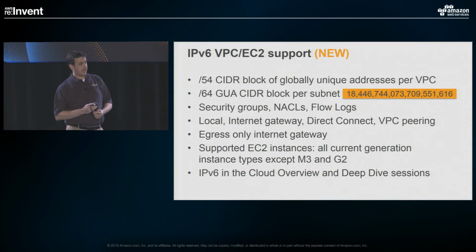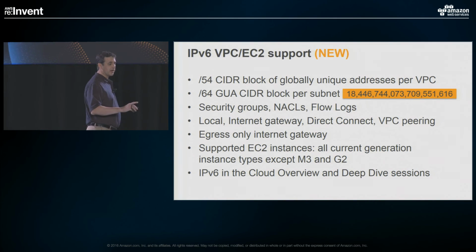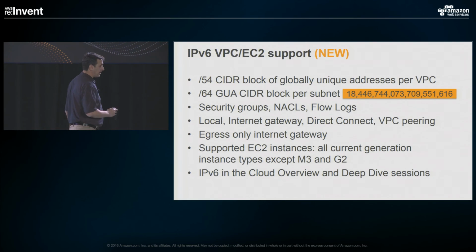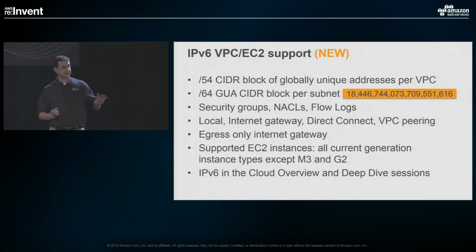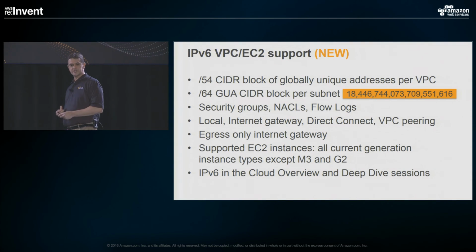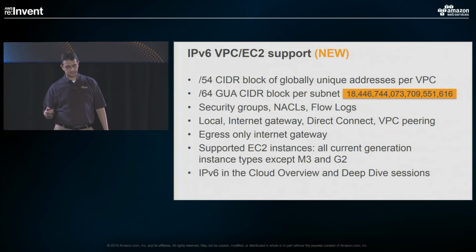Another point, IPv6 is supported by new generation EC2 instances with a couple of exceptions, and those are the M3 and G2 instance families. Otherwise, all current generation instances support IPv6.